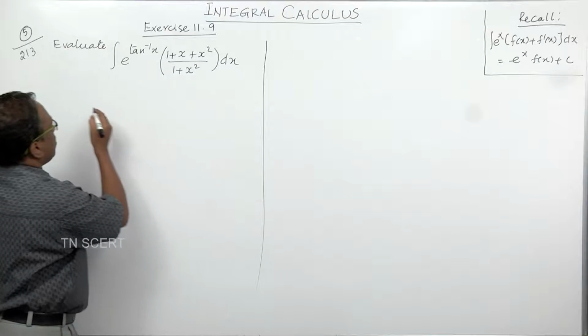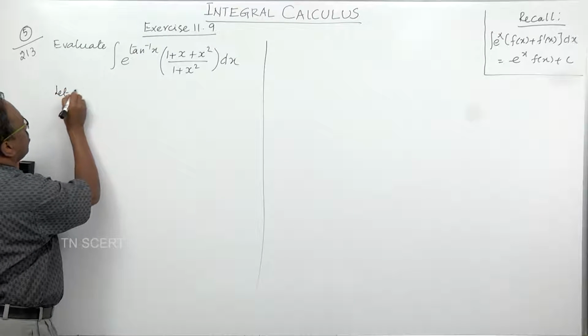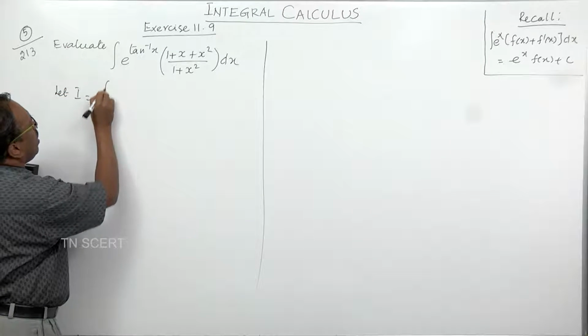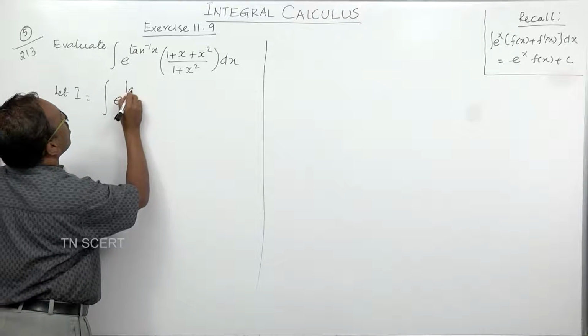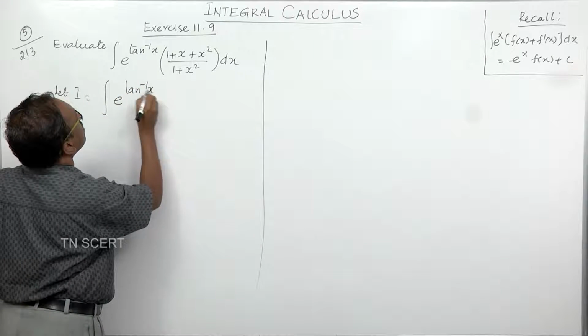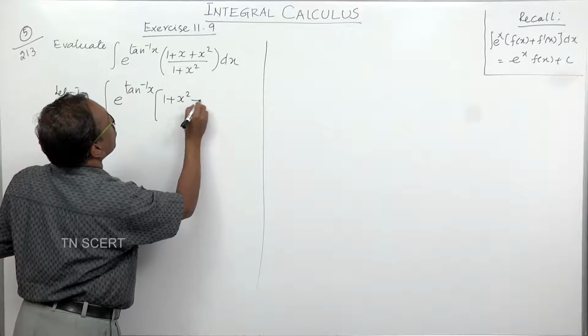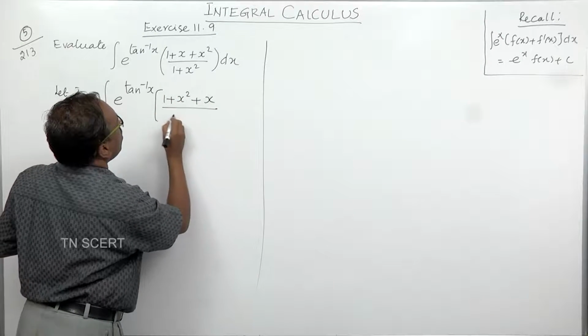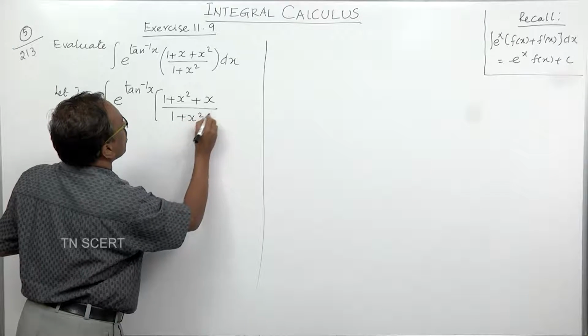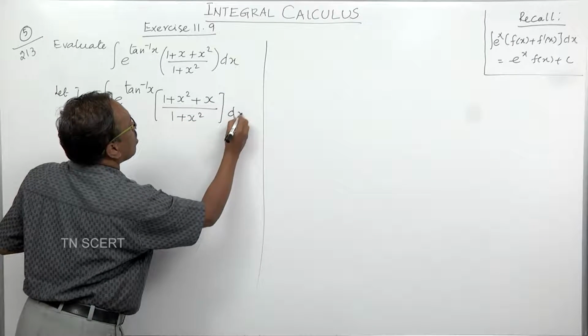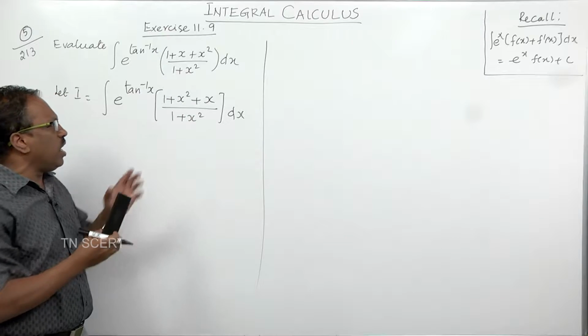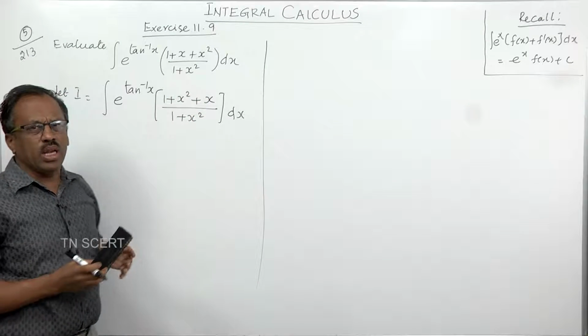Let I be equal to the integral of e power tan inverse of x, bracket, 1 plus x square plus x by 1 plus x square. This is a rational expression with numerator and denominator having equal degree.